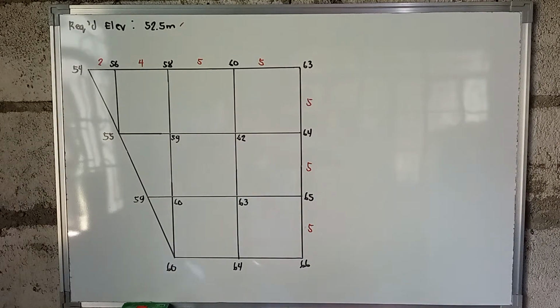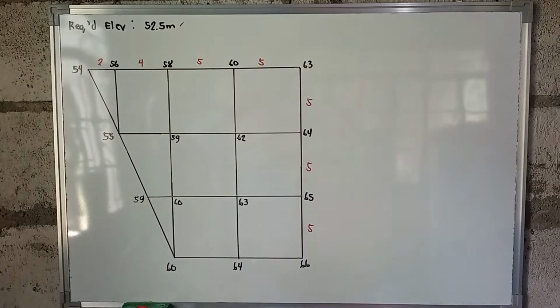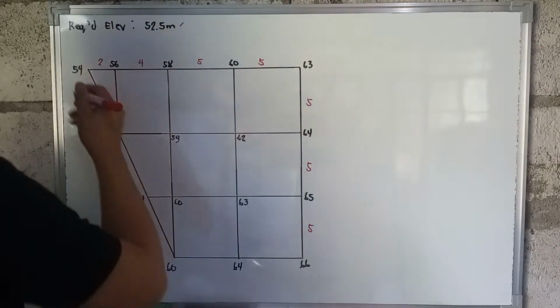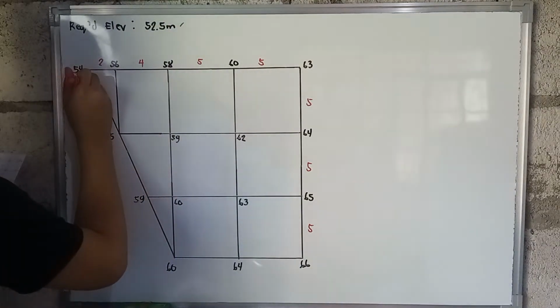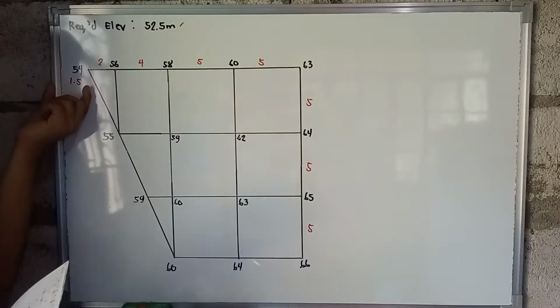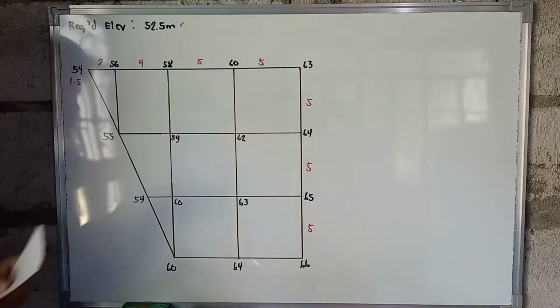So, gagawin natin is, ima-minus natin yung difference in elevation between the elevation at a certain point minus the required elevation. So, gawin natin 54 minus 52.5, the value will be 1.5. So, meaning to say, 1.5 yung maaalis dito, yung matatapyas.